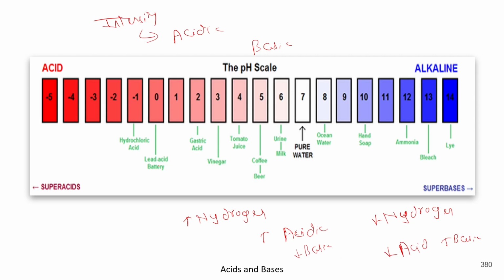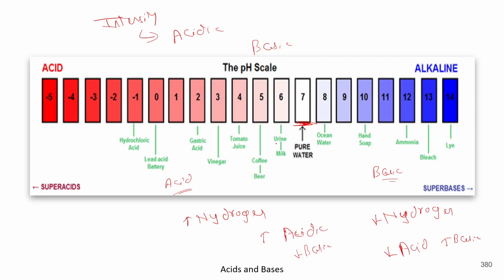Here in this picture you can see that 7 is a neutral number. In total we have 1 to 14 and also numbers beyond. 7 is the neutral state, below this is acidic, and above are bases. Got it?